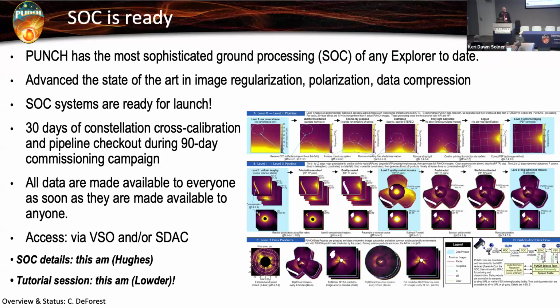The SOC is ready. We have the most sophisticated SOC of any Explorer, and hats off to the SOC team who've been diligent on working on this for years now, and push the state of the art in image analysis. We are doing things to images that no mission has done before. In particular, we solved the problem of coma in our images.